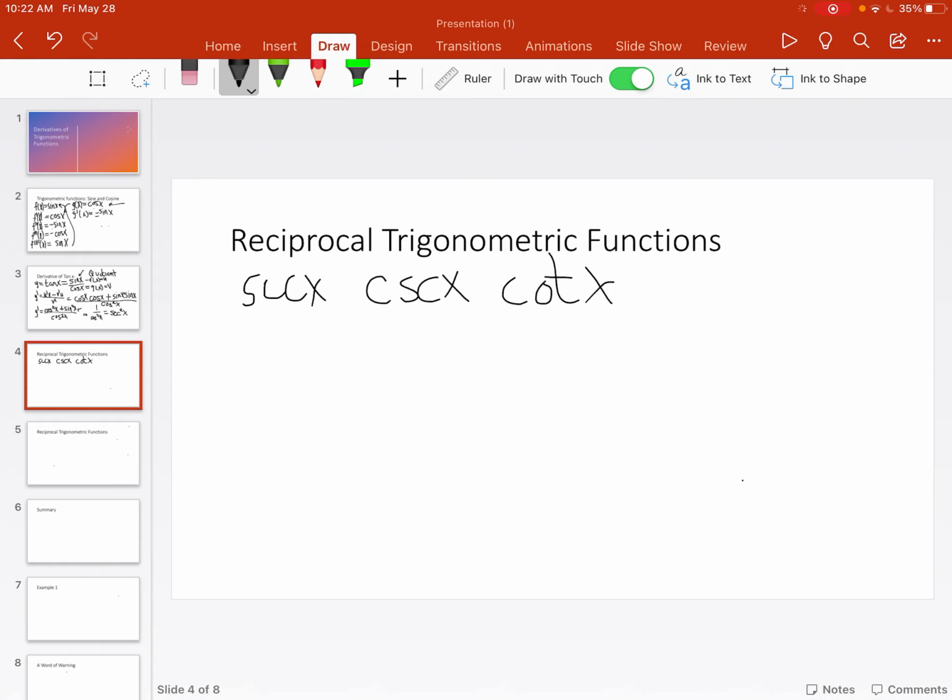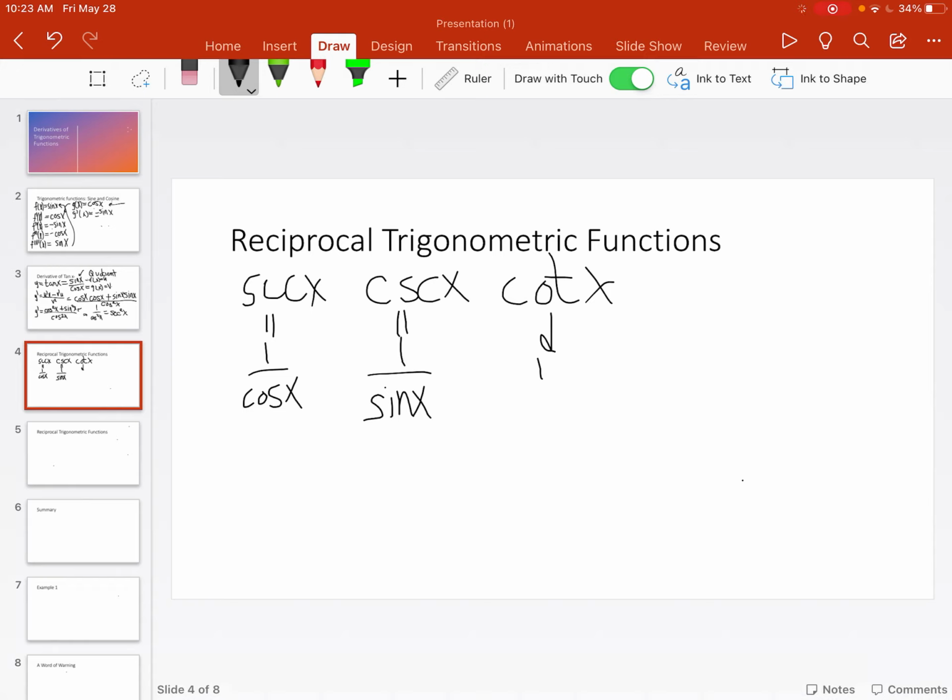Well, again, these reciprocal trig functions, just in their name, reciprocal. So what did we see? Well, we saw secant x was 1 over cosine x. What's cosecant x? Well, cosecant x, knowing your identities, is 1 over sine x.